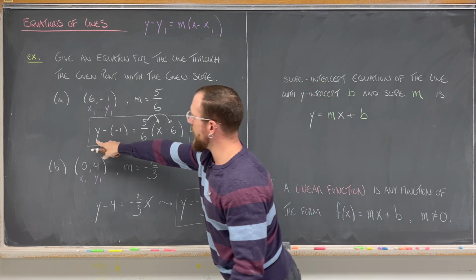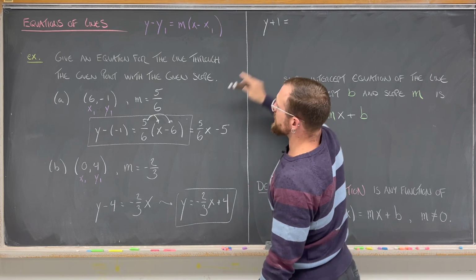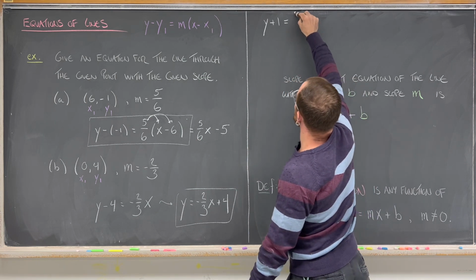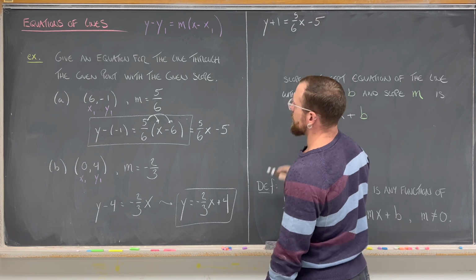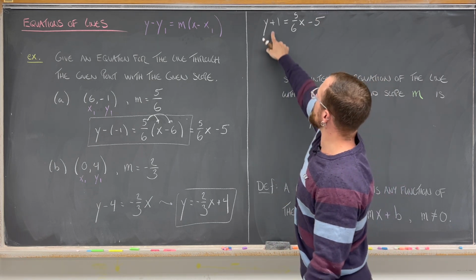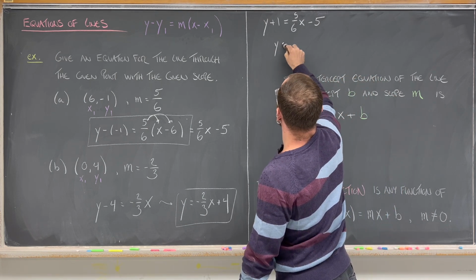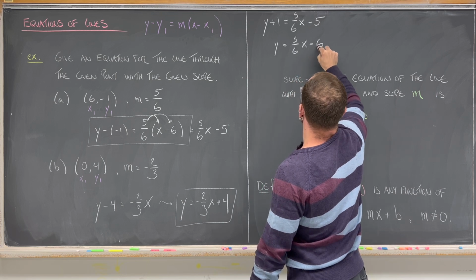Now you have y plus 1 equals, maybe I'll write it down over here, y plus 1 is the left-hand side, and the right-hand side is 5/6 x minus 5. Okay? If you subtract 1 from both sides, then you can write this in the form y equals 5/6 x minus 6.